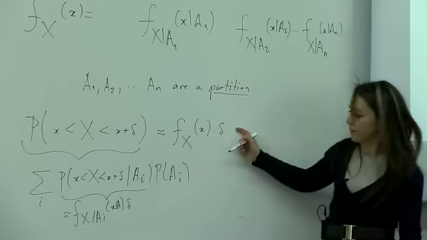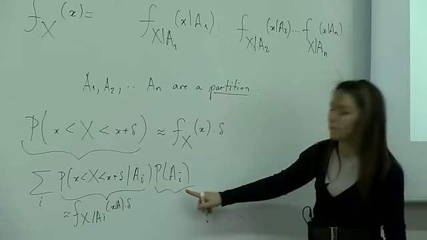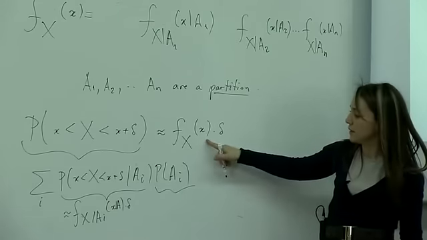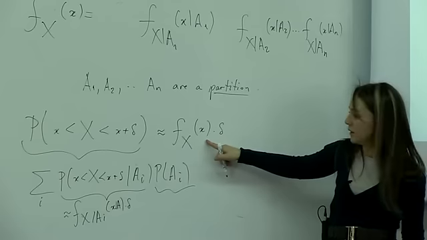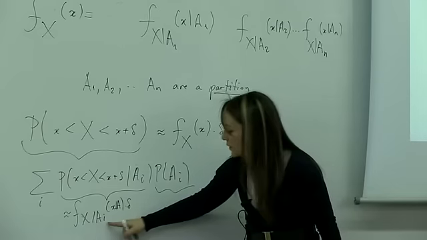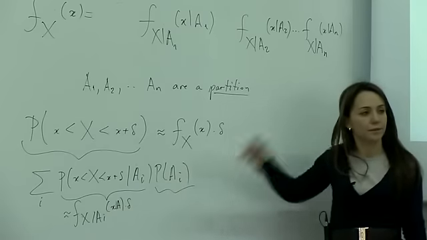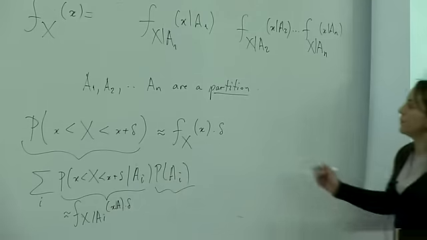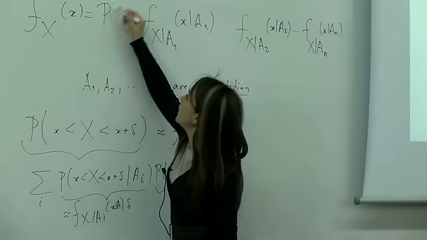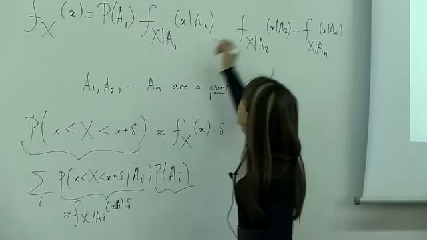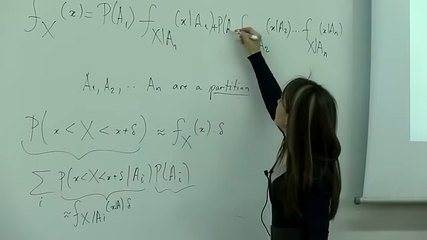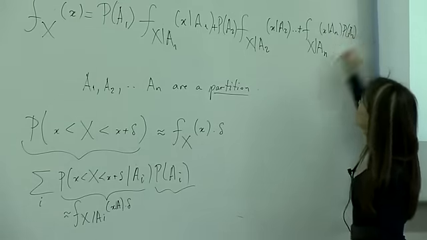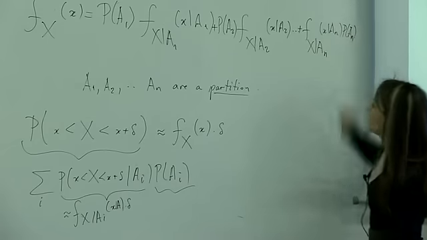Drop the deltas, and remember we have P(Ai) here. So f_X(x) is equal to the summation of f_{X|Ai} times P(Ai), which is very intuitive. So that is the divide and conquer principle that we will use.